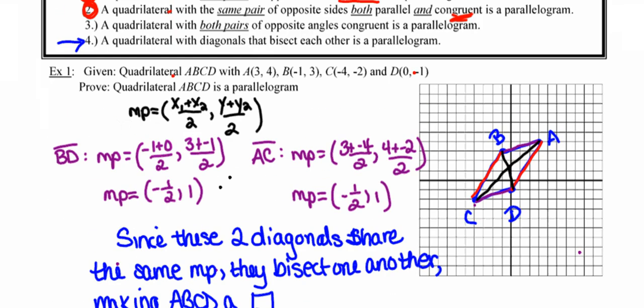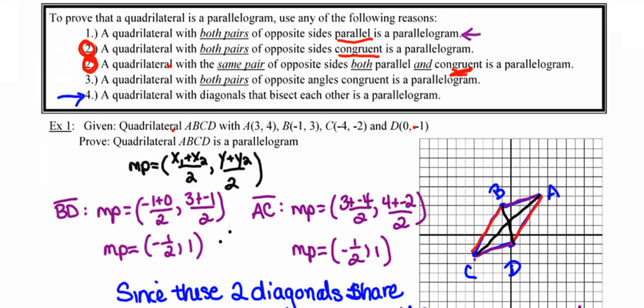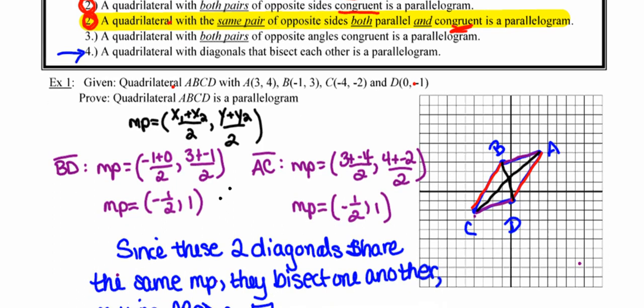So now I've got the top side congruent to the bottom side and the top side parallel to the bottom side. So that fits very nicely here in my second criteria number 2, which talks about the same pair of sides being both parallel and congruent. So that is really the only strategy. I don't have a choice here with respect to this example number 2.